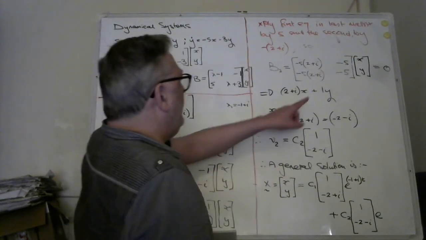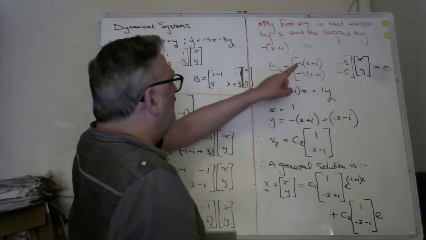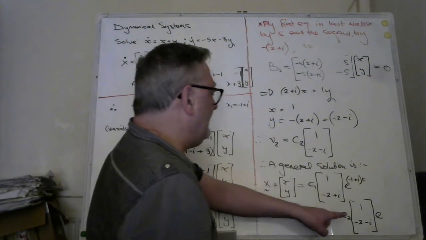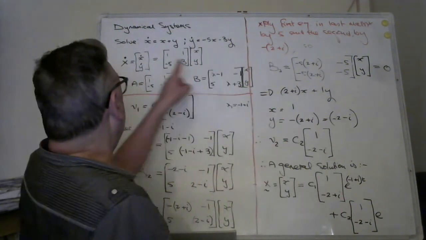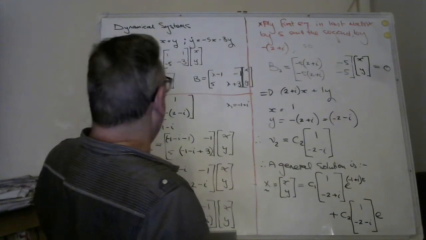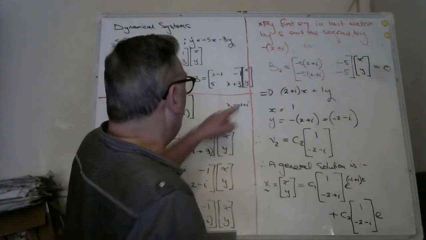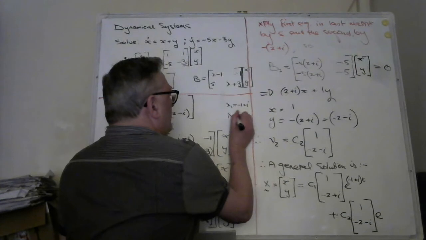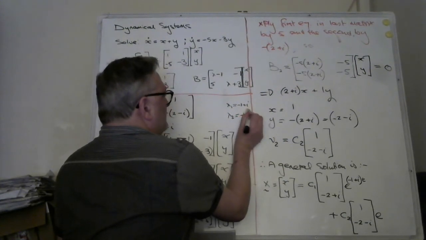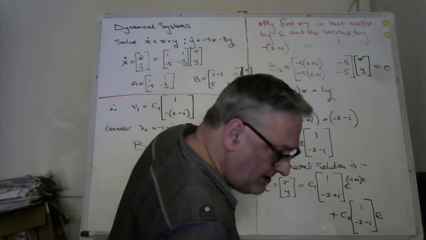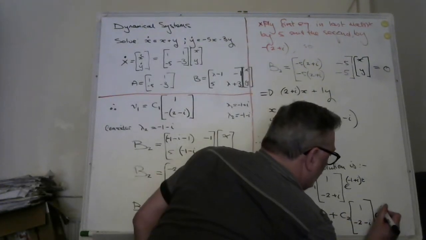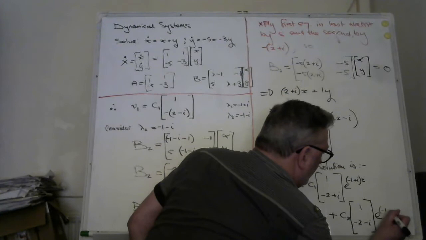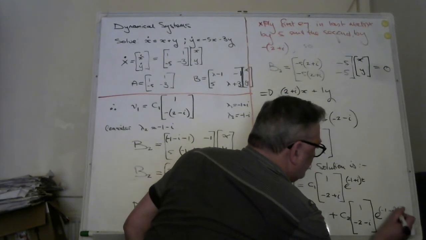Well, the eigenvalue associated with this eigenvector is, where is it? Well, lambda 2 is equal to minus 1 minus i, isn't it? So that would be bracket minus 1 minus i times t.